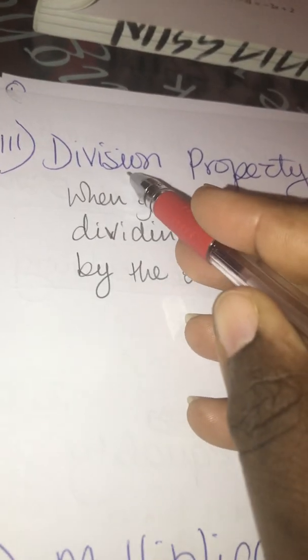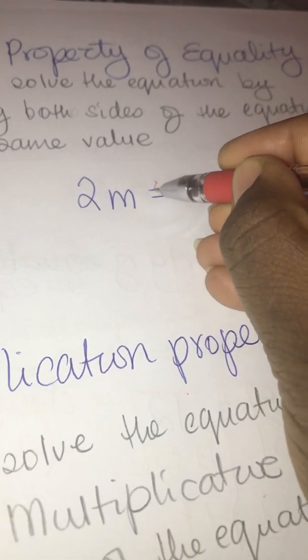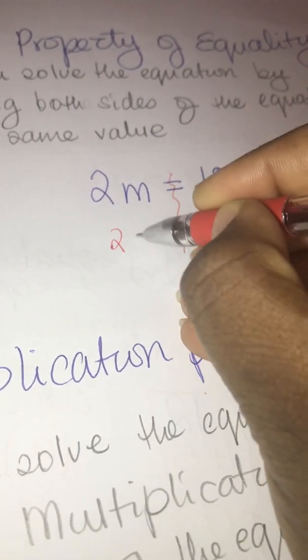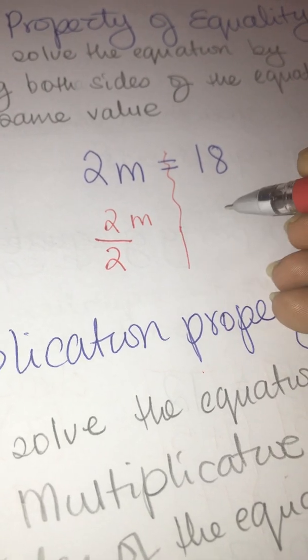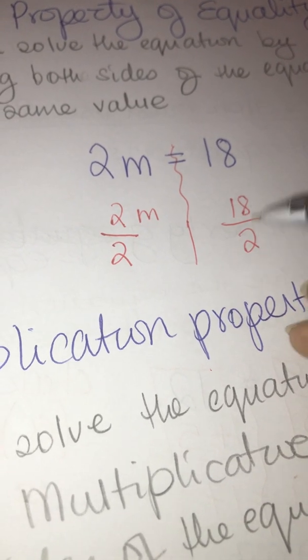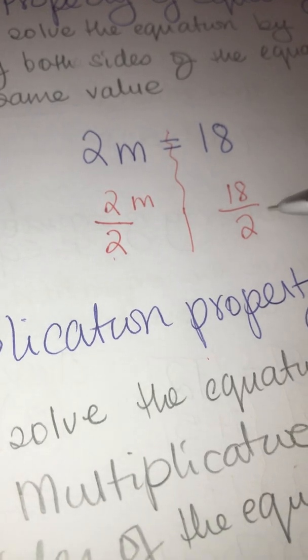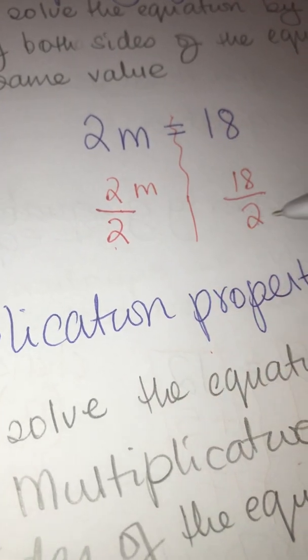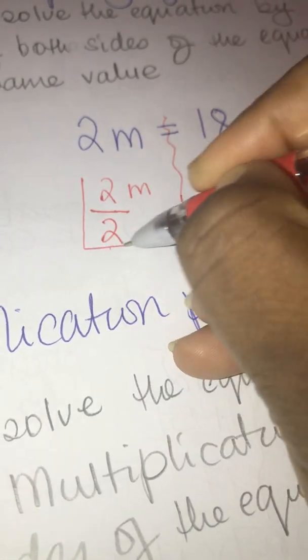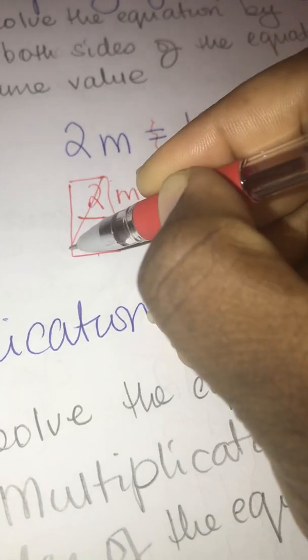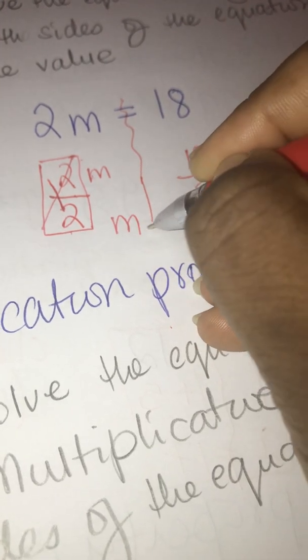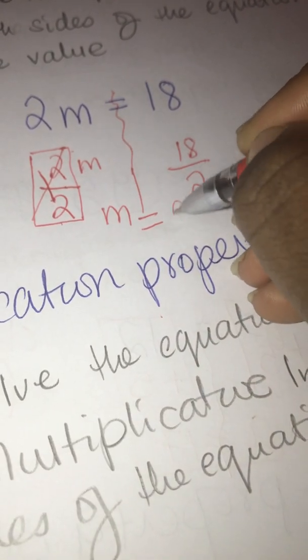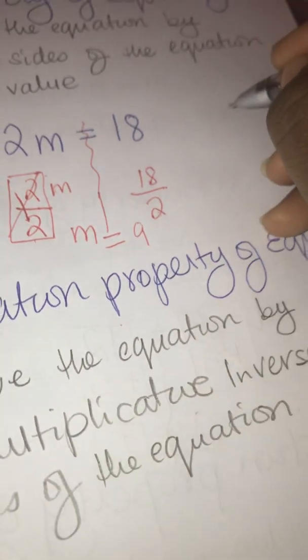So here you're going to apply the division property of equality because you're going to write 2m, you're going to divide by 2, and on this side you're going to divide 18 by 2. You're dividing by the same value. So that is why it's the division property of equality. 2 divided by 2 goes away, it becomes 1. And 1 times m is m. 18 divided by 2 is 9. And then you check.